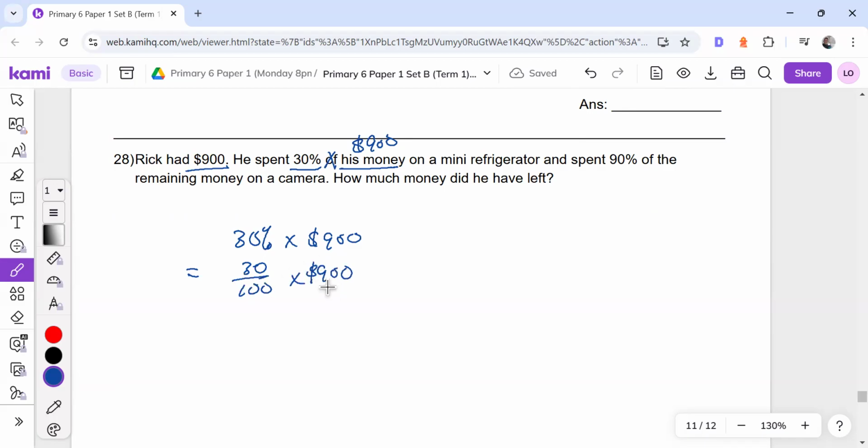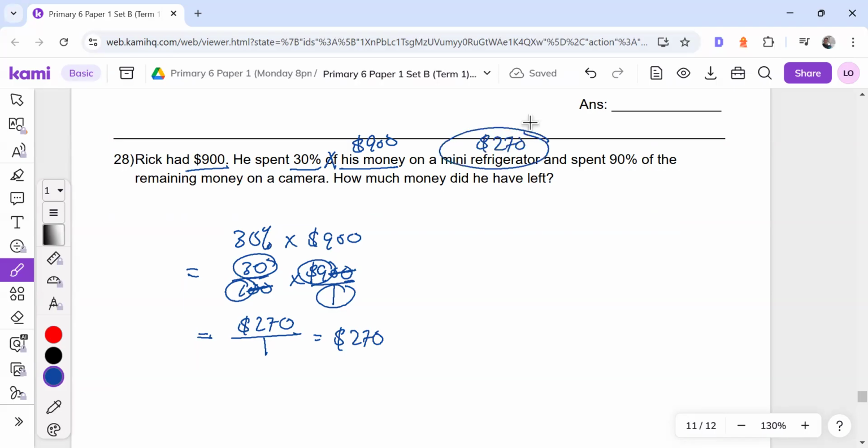No calculator, change the whole number to fraction, then cancel, cancel the 0, cancel the 0. Then when the denominators are 1, you don't have to cancel anymore. So 30 times 9, $270. 1 times 1 is 1. So how much did he spend on the mini refrigerator, which is $270?